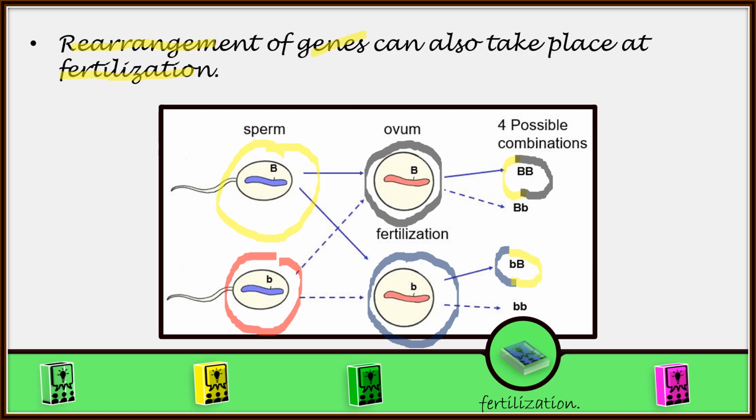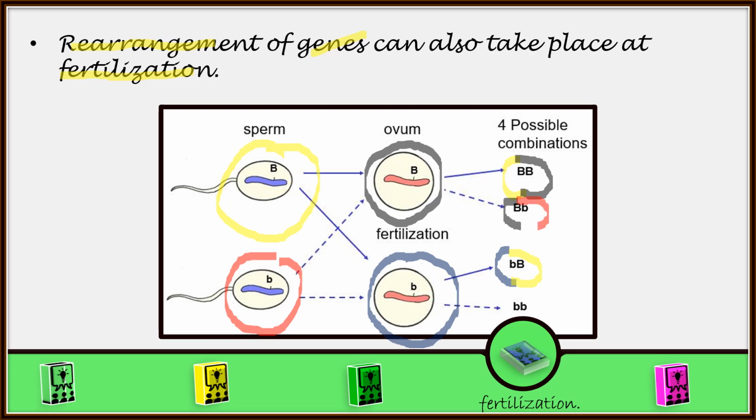Now, if we move on and go to this sperm here, let us say it is now this sperm which is taking part in fertilization. It may go with this ovum here, which is capital B, and this is smaller b, so we are going to get capital B, smaller b.